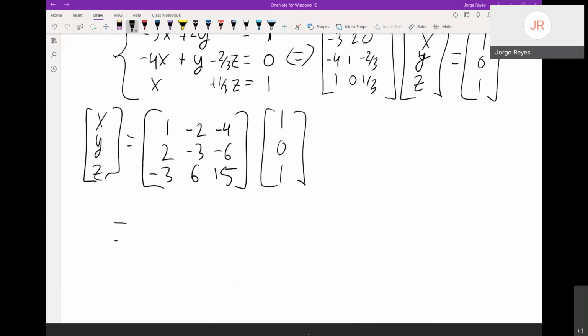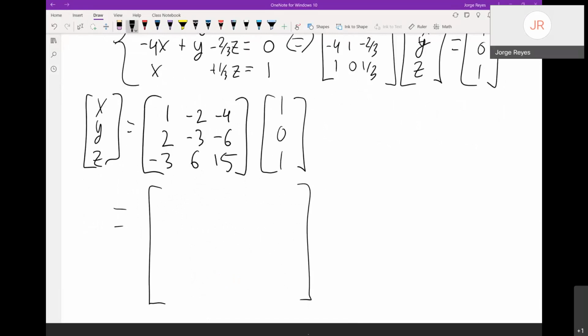So let's see what that is. All right, so the answer is going to be a 1 by 3, right, if we check the dimensions. Okay, so 1 times 1, so 1 minus 4. I made this too big. It's awkward. 1 minus 4. Okay, there we go. 2 minus 6 and -3 plus 15.